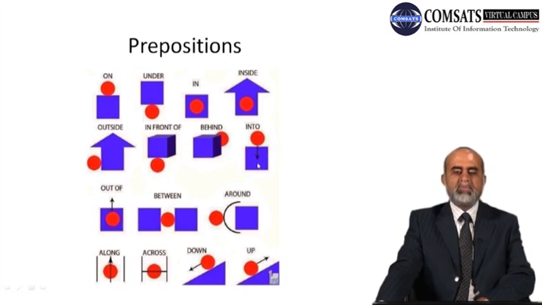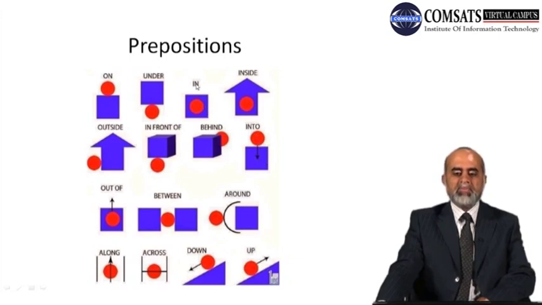This arrow suggests movement. I would like you to compare it with in. The ball is already inside the box. So we'll say the ball is in the box. Whereas here, the ball is moving into the box. The ball is falling into the box.